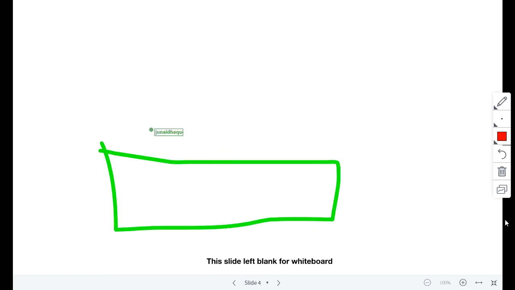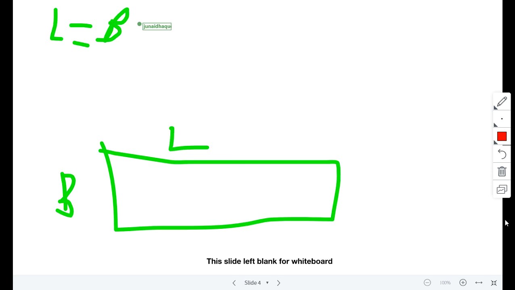Exceeds. Then it says if the length and breadth are each increased by 3 centimeters.